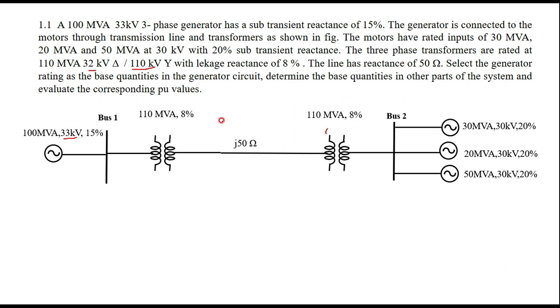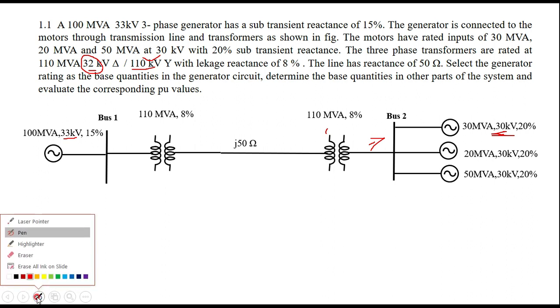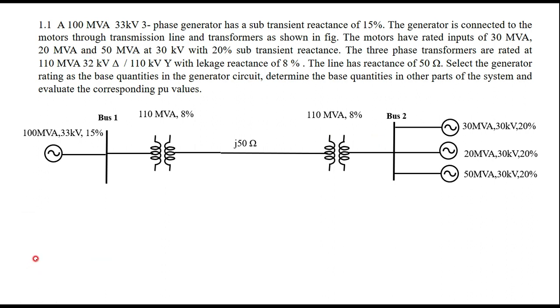Means that towards the transmission line side you have to connect 110, and if you look into the motor side, the voltage is 30 kilovolts. Therefore, in that case you have to connect 32 kilovolts as the voltage towards the motor side. Okay.